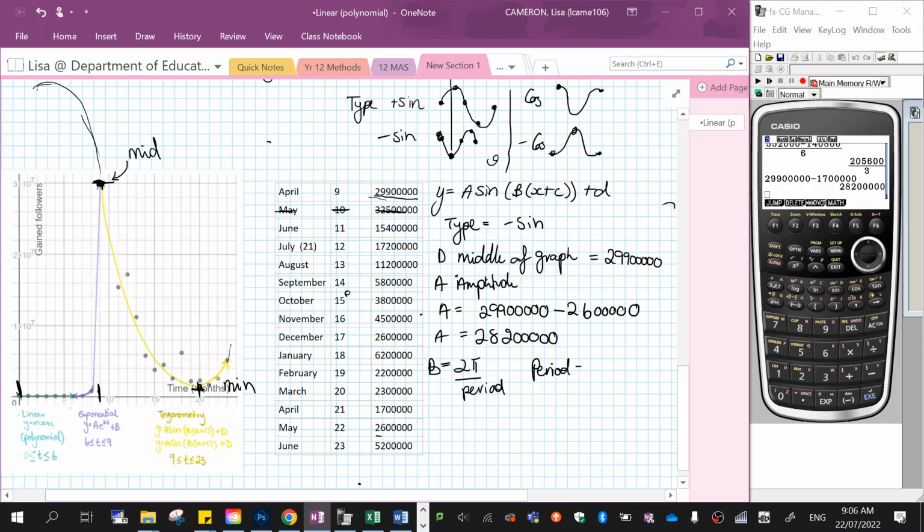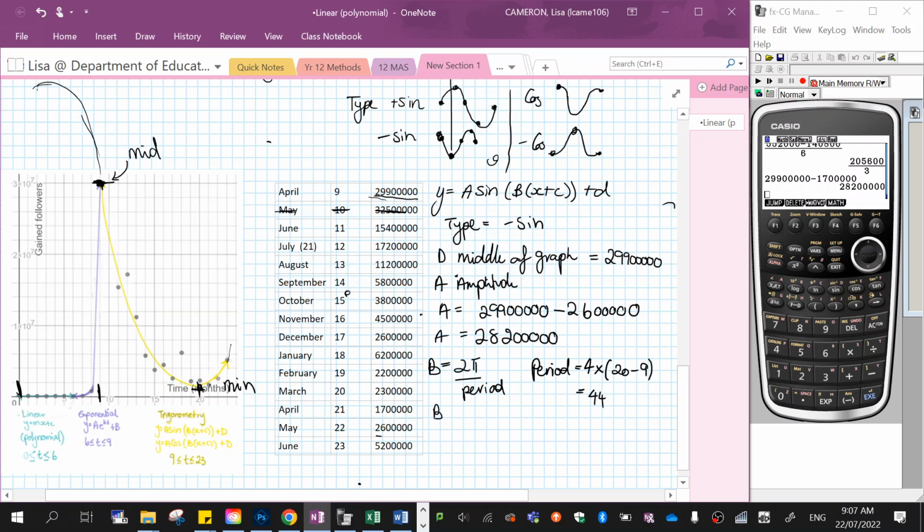So if I want to find the period, I need to do 4 times 20 minus 9. That's going to work out the distance between here and here, and then timesing it by 4 will give me one full section of the graph. So when you punch that into your calculator, 20 minus 9 is 11, times 4 will be 44.